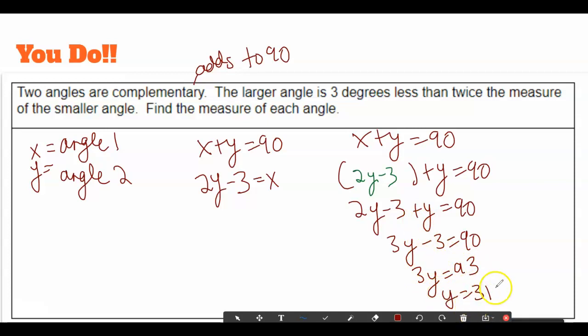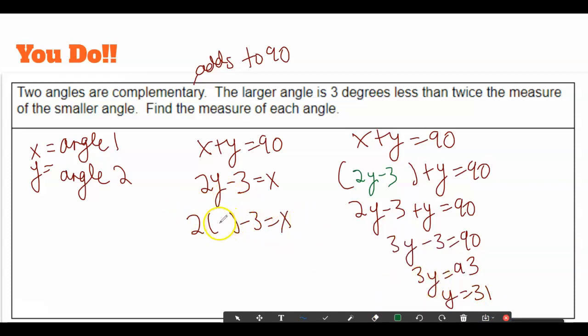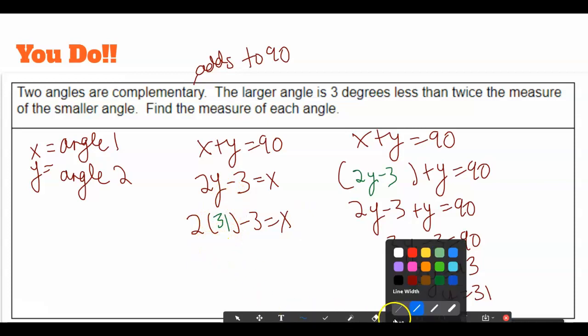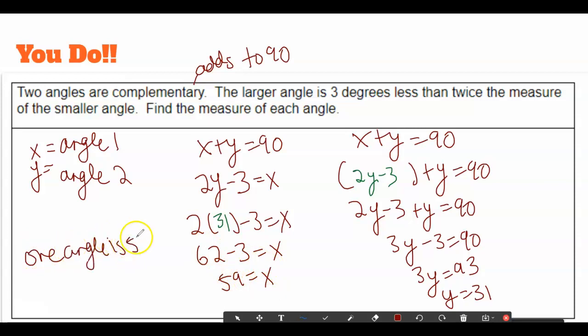So my first angle is 31. So we have one angle is 59 degrees. The other is 31 degrees.